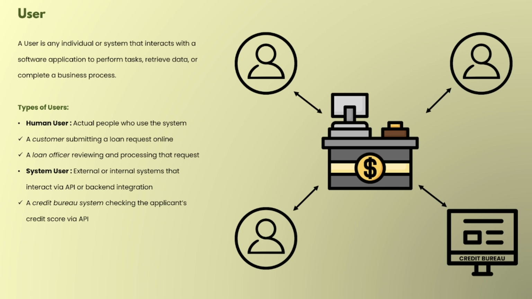But to handle this, we design systems smartly so that they can catch errors, block incorrect inputs, and allow only valid data to go through. This not only helps maintain data quality, but also ensures the system runs smoothly without unexpected issues.